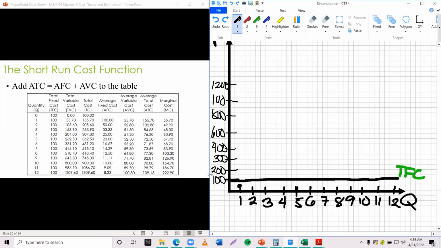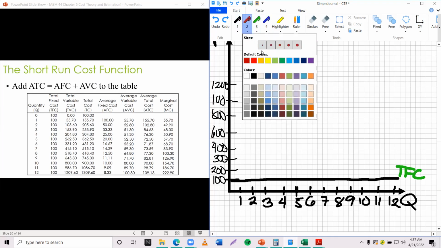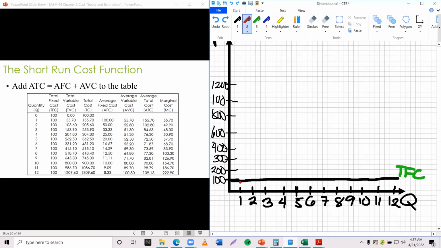55 at quantity of 1. Next is at quantity of 2, we have a total variable cost of 105. So it is gradually increasing, a slight increase. I'll use the color red. So here, it increases to 105 at 2.